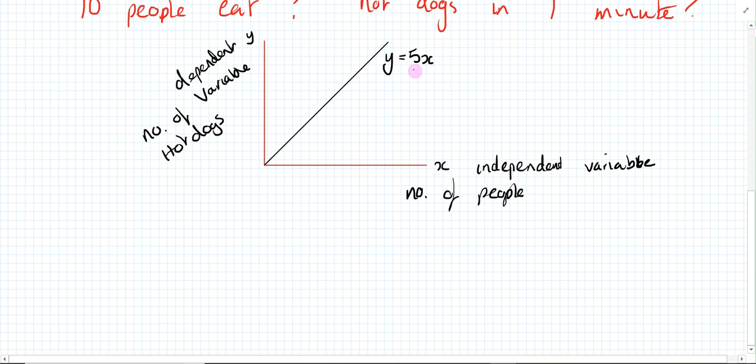So this 5, you will recognize it as the gradient, or the m, the gradient. But when we're talking about this situation, we are also talking about the constant of proportionality. So this is the thing that links the two variables.